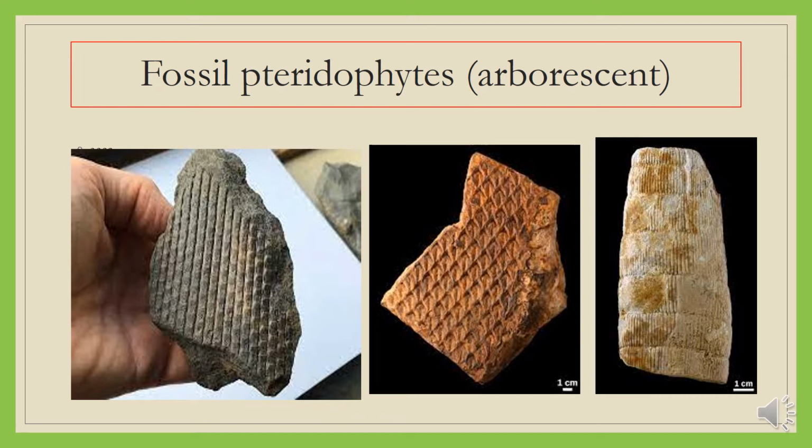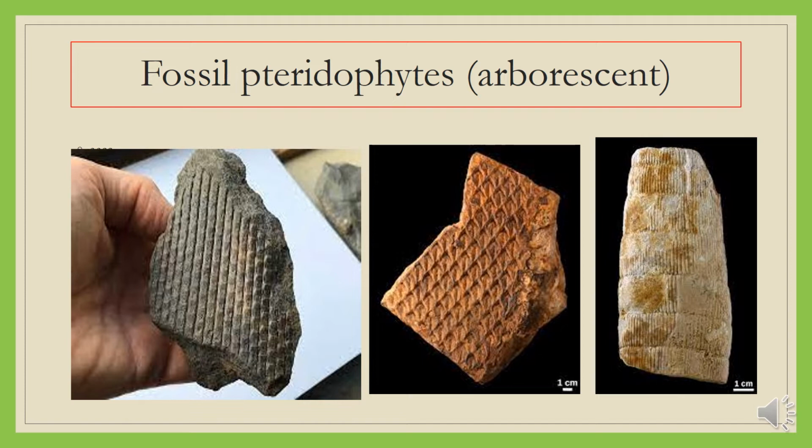We know that there are five mass extinctions, that is the Ordovician, the Devonian, the Permian, the Triassic, and the Cretaceous extinction. So the arborescent pteridophytes that were common during the Carboniferous period were lost during the Permian extinction to the gymnosperms, the conifers, which had better adaptation for water storage and water conduction.